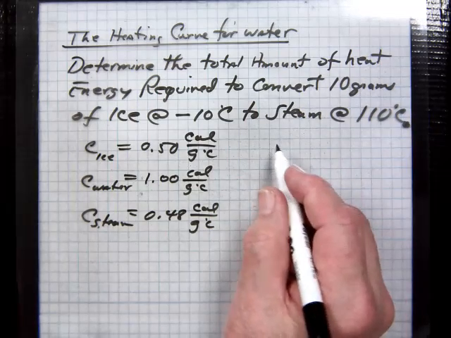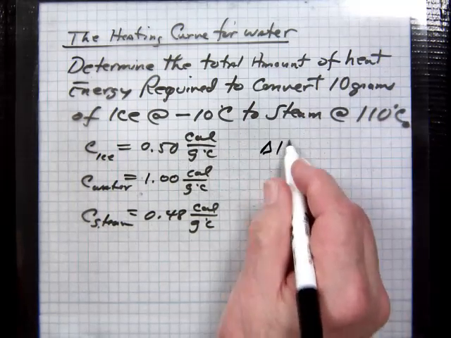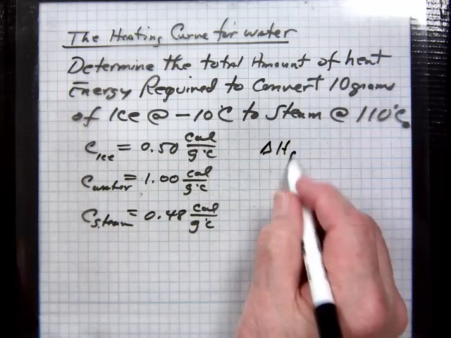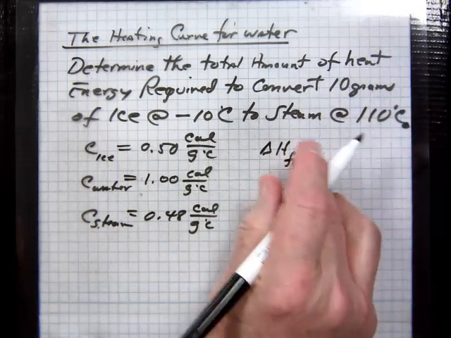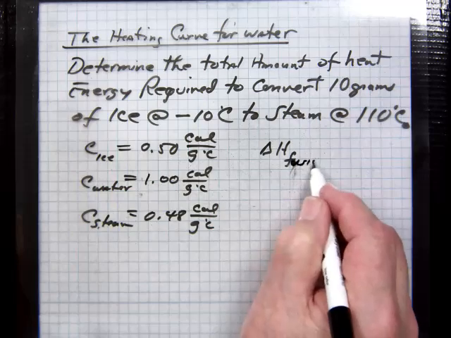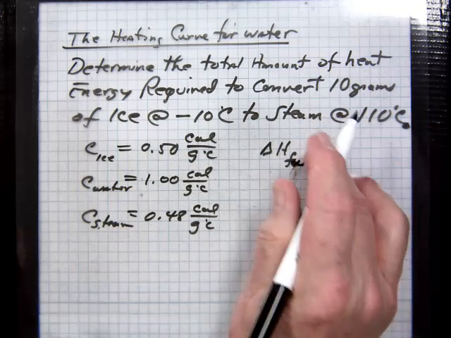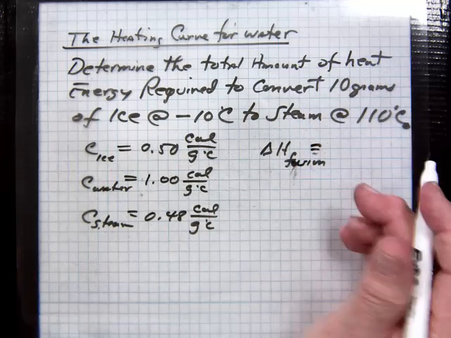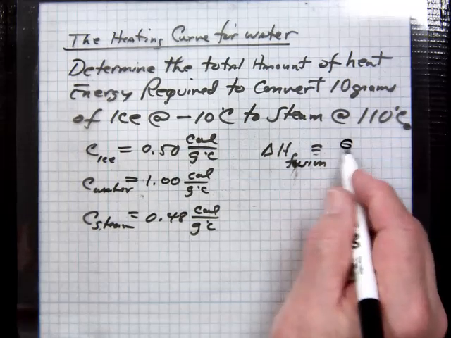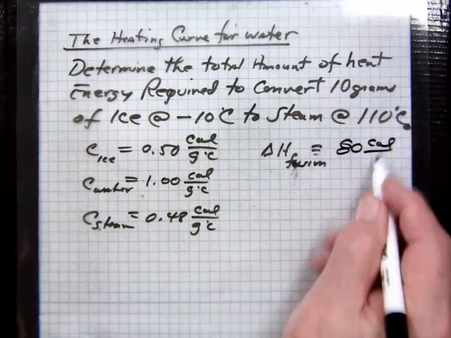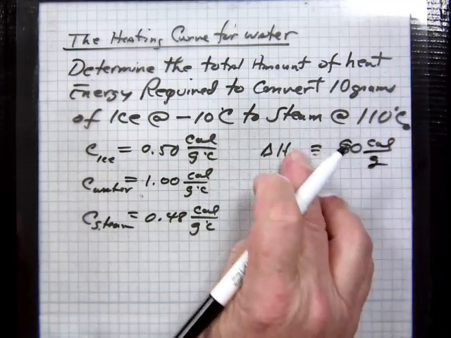You'll need transition constants, what we call delta H of fusion, which is the heat needed to melt a specific mass of ice, and that turns out to be 80 calories per gram.